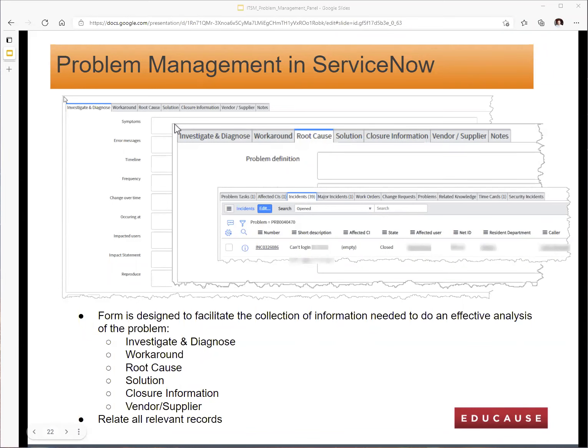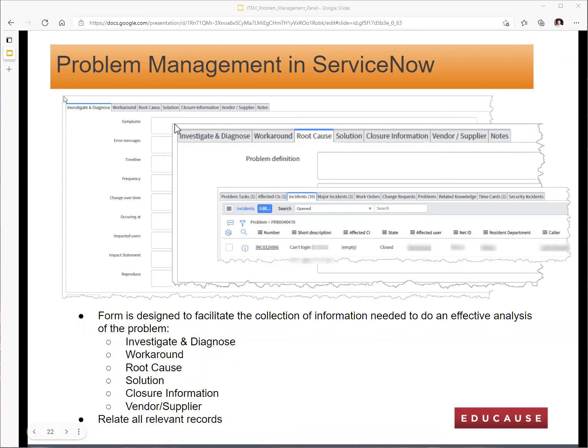So the form was designed to collect all the information you would eventually need to do an effective analysis of the problem, the investigation, and to document any workarounds, root causes, solutions, even vendor and supplier. If you were opening up a ticket with a vendor or supplier, we had a place to log that, so that two or three months from now, if you go back to the problem record, my hope was that there would be enough information to get an idea of what we went through, what we did, what we didn't do, and the parameters of the problem itself.